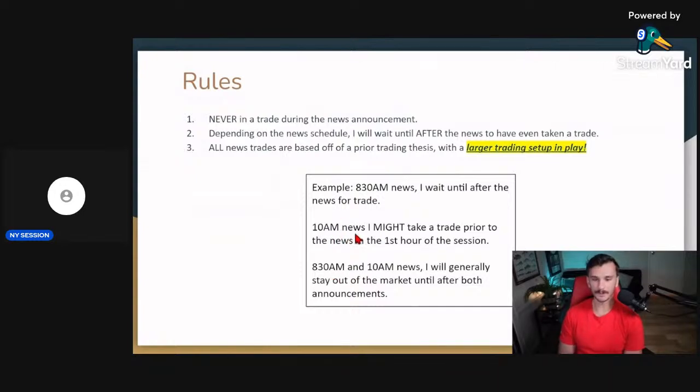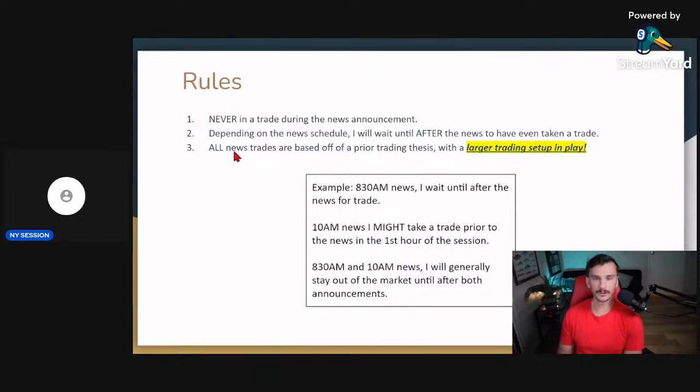If there's news at just 10 o'clock, maybe I'll take a trade in the first hour or, that 9 o'clock area. But typically I'm going to wait until after the news so that way I can execute with confidence, knowing that the whole market wasn't built up for that news release and I don't get caught in some kind of weird ranging market.